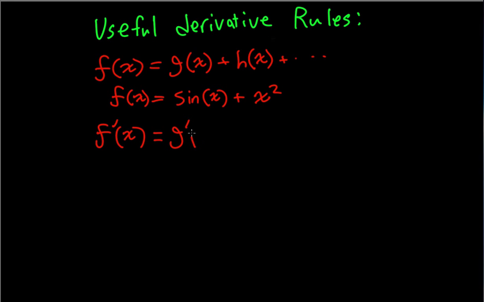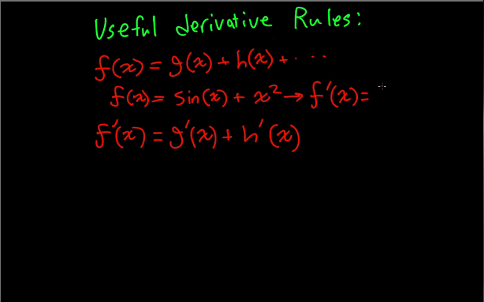So g prime of x plus h prime of x. Okay, or in our example, we could say that f prime of x is equal to, now how are we going to represent the derivative of sine of x? Because we don't really know that yet, right? I haven't taught you that.